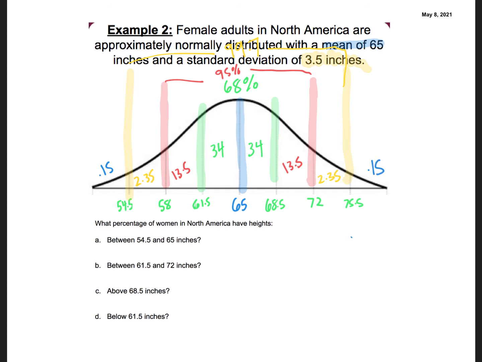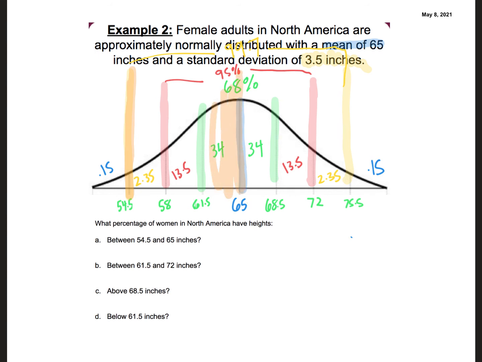All right, let's go ahead and figure out your percentages. So for the first one, let's do it in this beautiful orange color. We're looking for what percent of data is between 54.5 and 65.